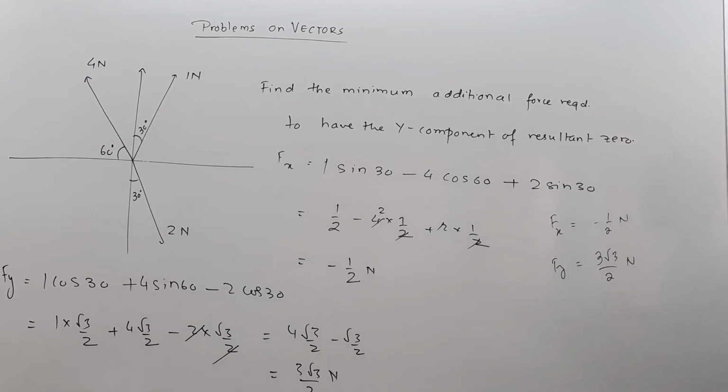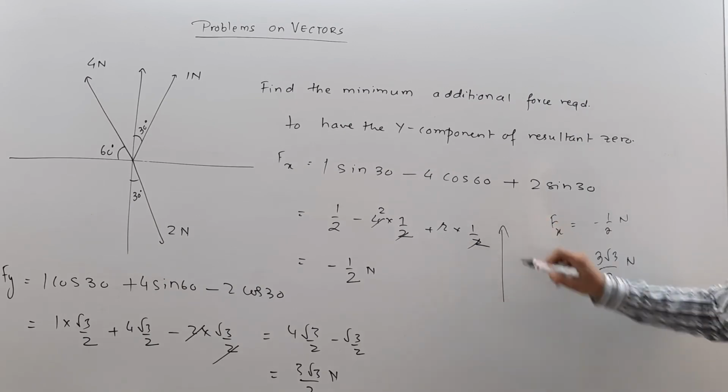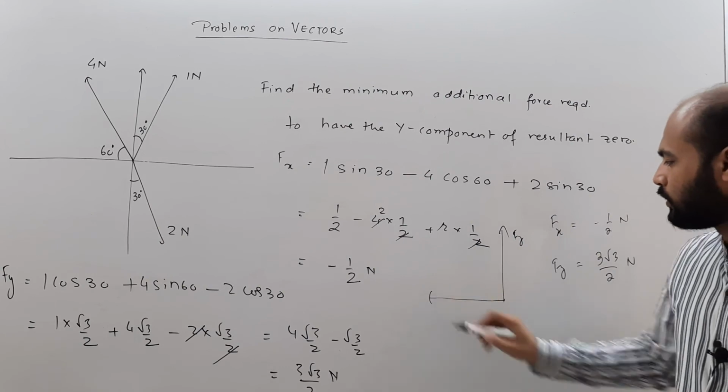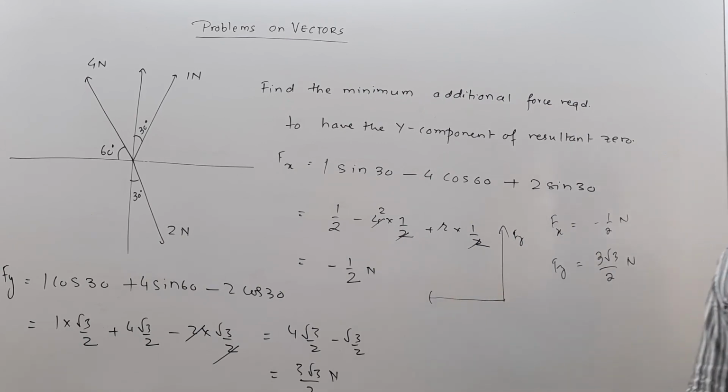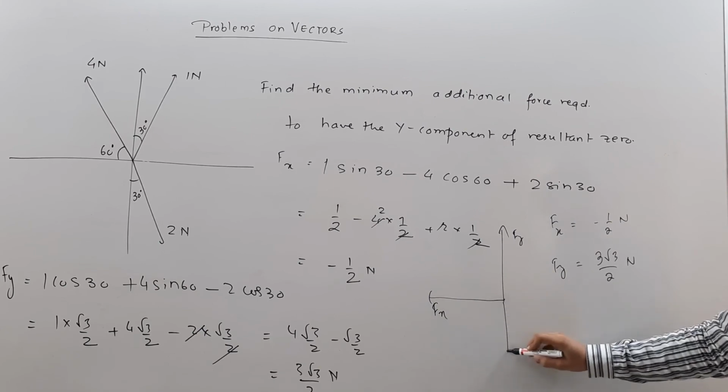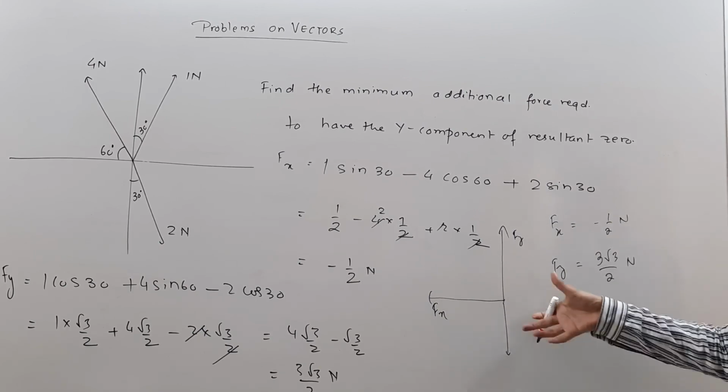Now in order to make the y component 0, you can see that the net y component is along this direction and the net x component is along this direction. To make the y component 0, we need some component to balance it out in the reverse way.